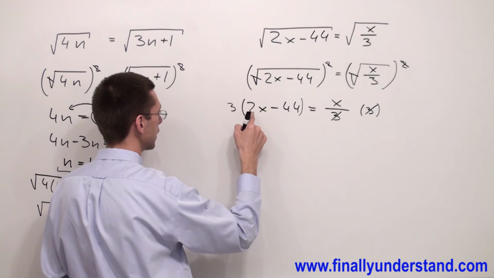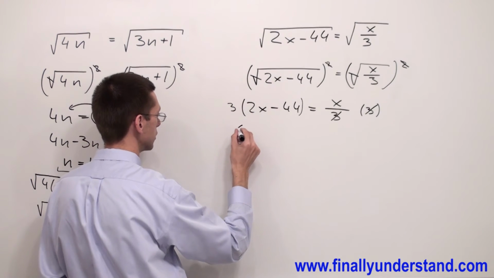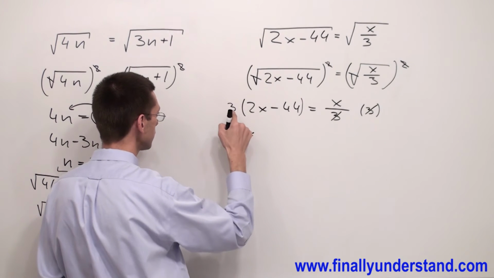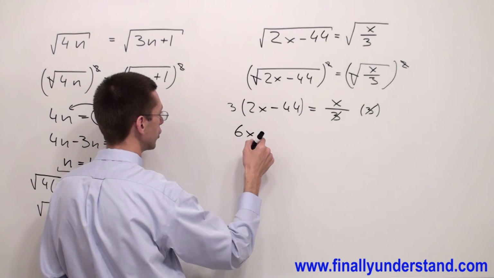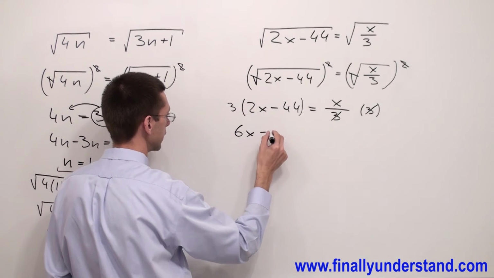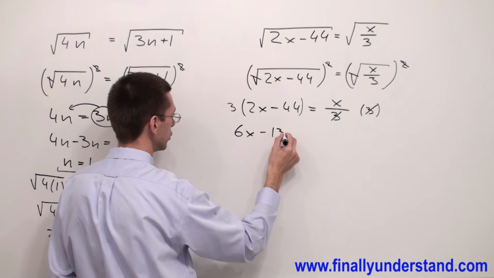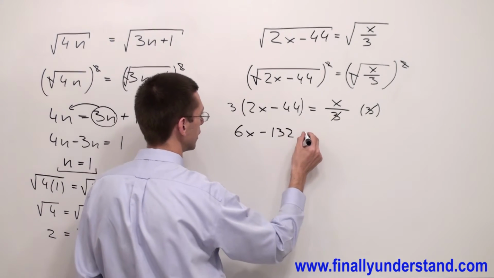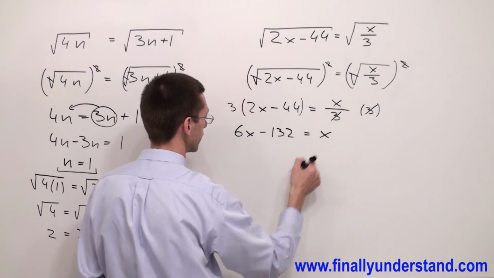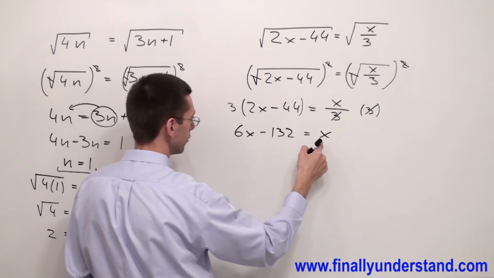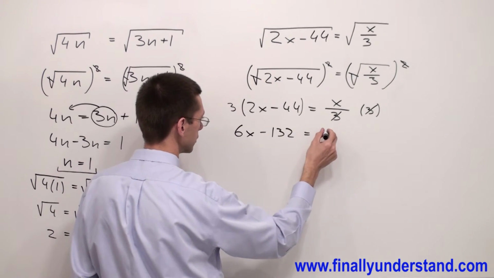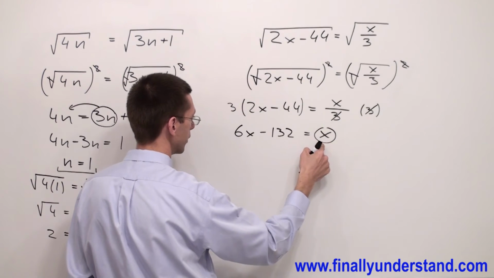3 times 2 is 6x. 3 times negative 44 is negative 132 equals x. I'm looking for x. I have x alone on the right side of my equal sign.